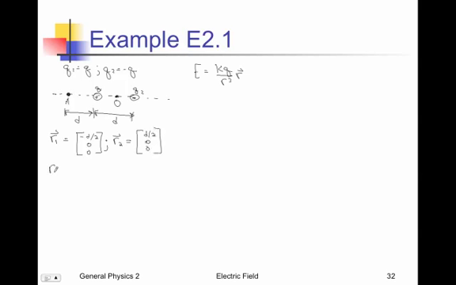And the location of A is d away from Q, and then add a half to that. So that's equal to negative 3/2, 0, 0, times d. Okay, so now if I think about what this R means, it's the distance between my charge and the place where I want to determine the field.